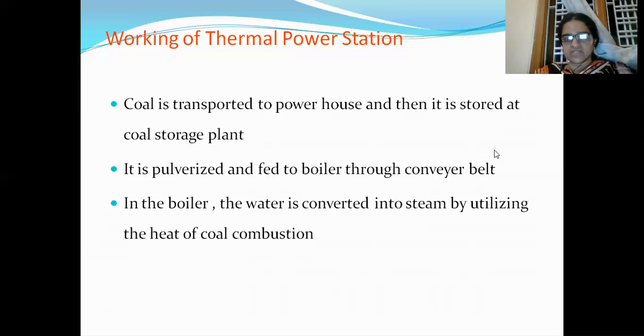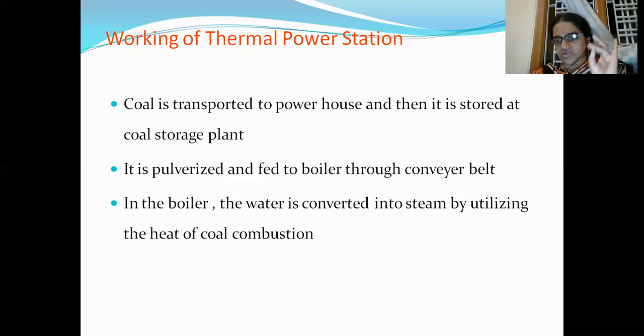In the boiler, the water is converted into steam by utilizing the heat of coal combustion. The main thing required in a power plant is coal and water.